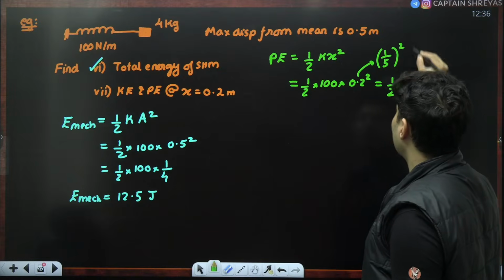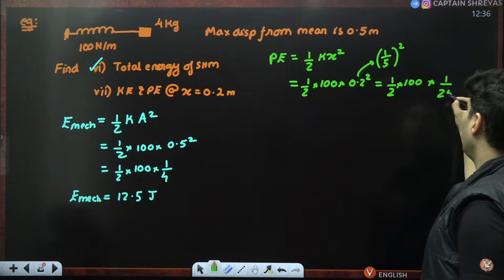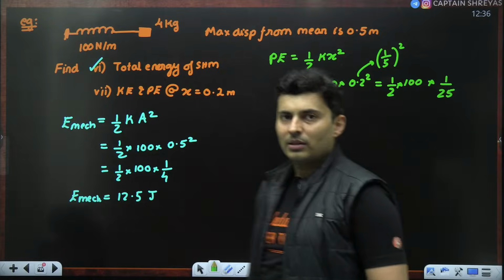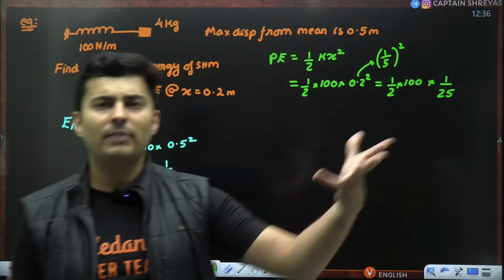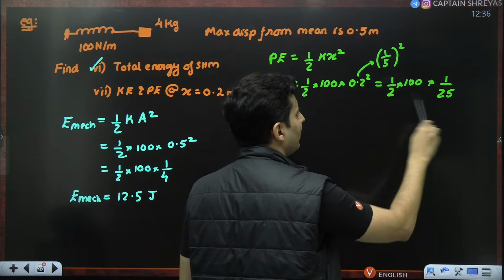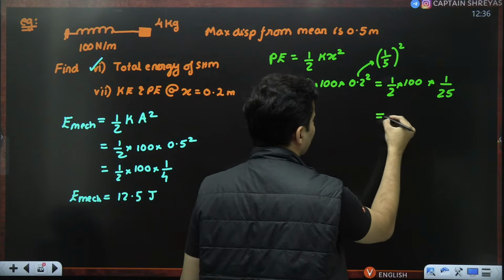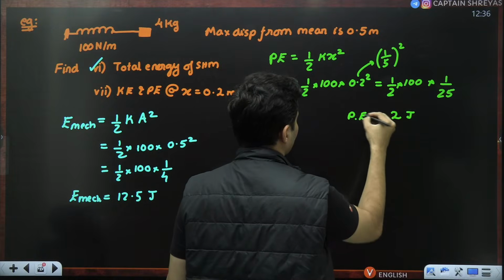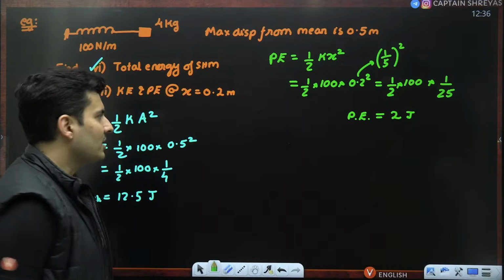So 1 by 5 square is 1 by 25. 100 by 25 or 2 into 25 is 50. 100 by 50 is basically 2. So 2 joules is the potential energy.